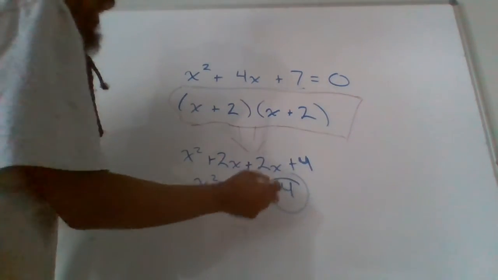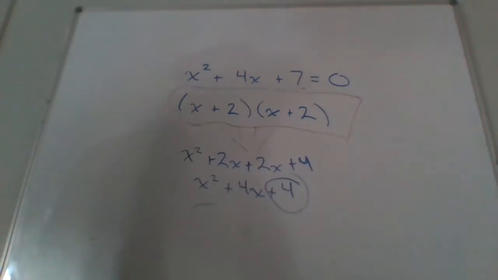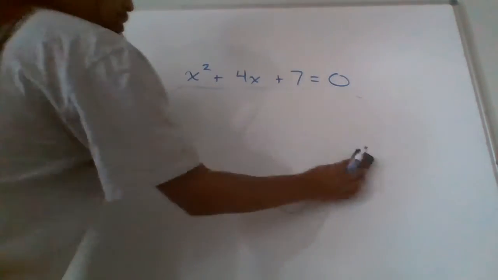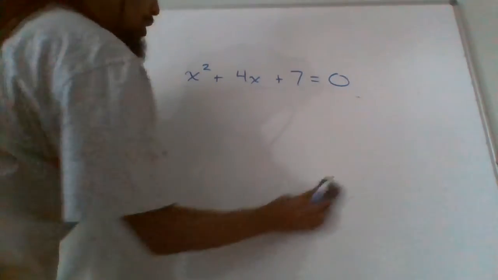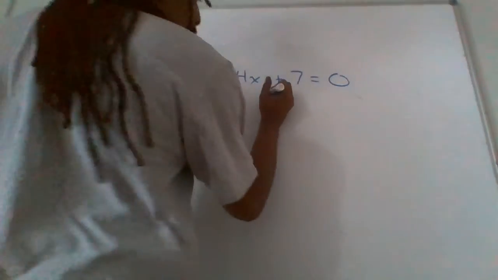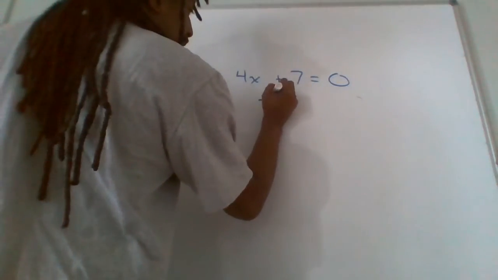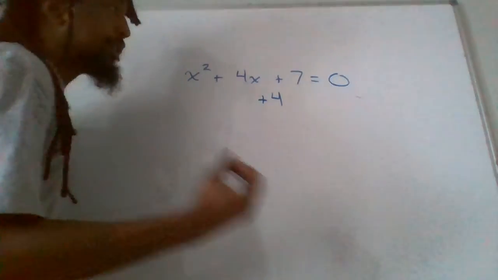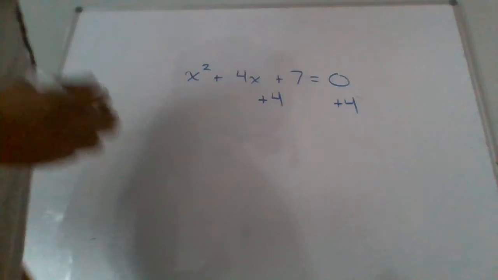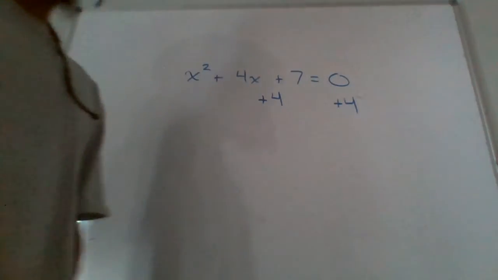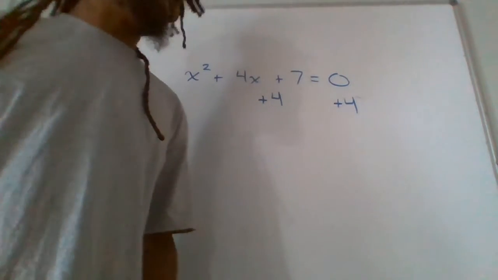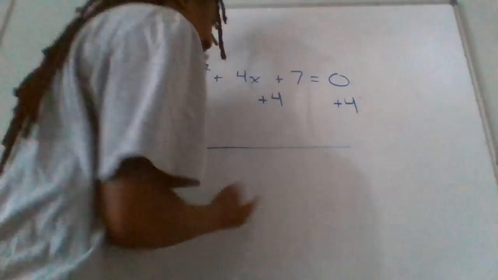But to add a 4, with regular equations, say if I wanted to add 4 to this side, then I know that I have to add 4 to the other side, because equations are like seesaws. Well, seesaws that are perfect, that have blocks under them, because equations are even.